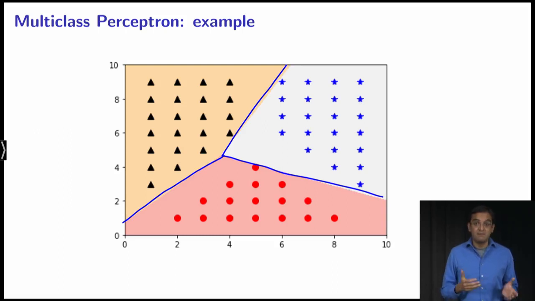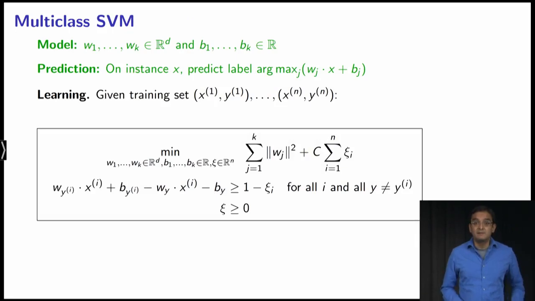Can we make that multi-class as well? And indeed we can, and it's quite simple. Okay, here is the convex program for multi-class support vector machine. Okay, so as before, let's say we have a training set, x1, y1 through xn, yn.